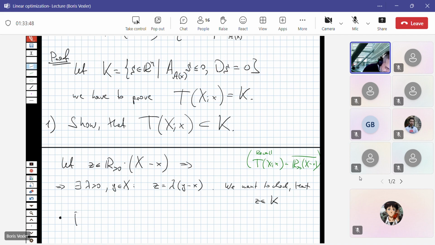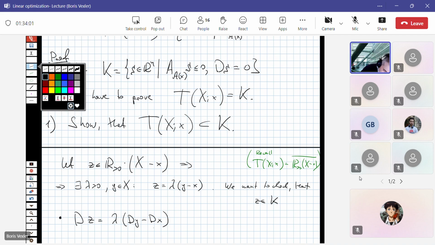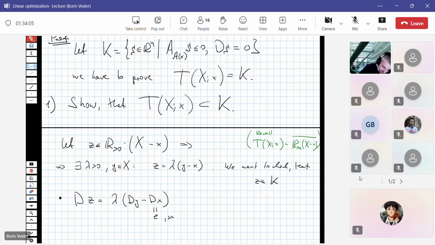What is D times z? It is lambda times Dy minus Dx. Now what we know, of course, is that Dx is equal to E since x is admissible, and Dy is equal to E since y is admissible, and therefore this is equal to 0. Clear?